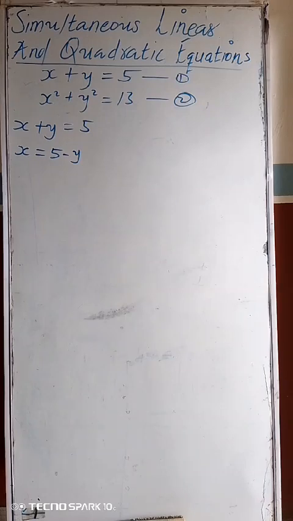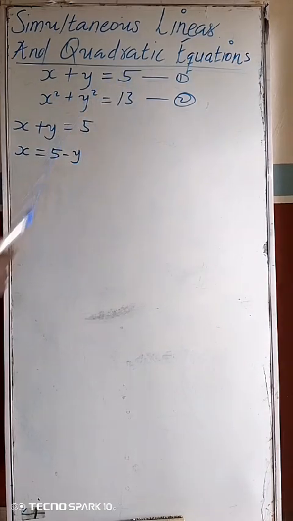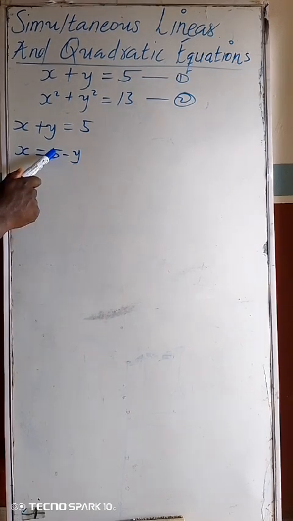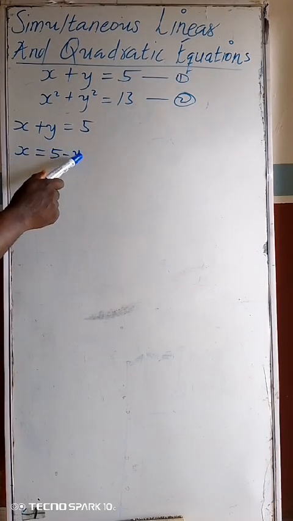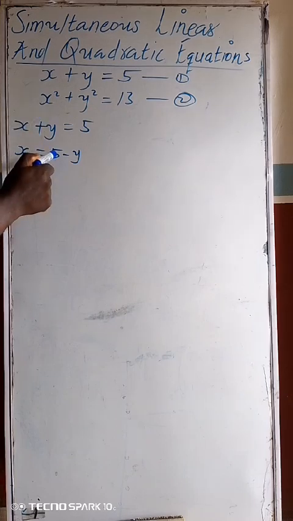Now, back to equation 2, where I have x squared plus y squared is equal to 13. My x now is equal to 5 minus y. It means that wherever I see x, I can substitute 5 minus y there to solve.